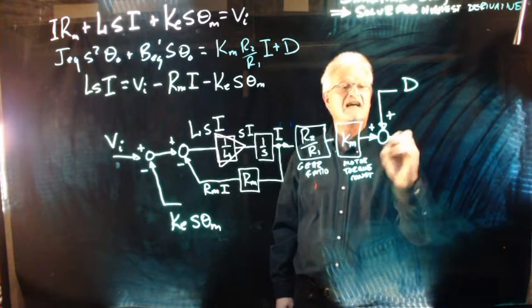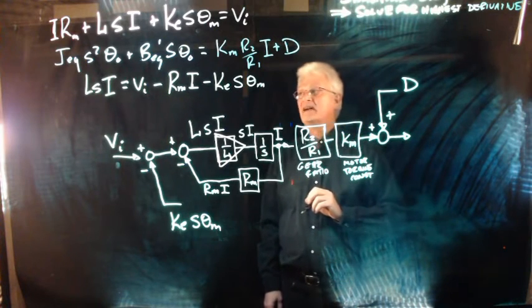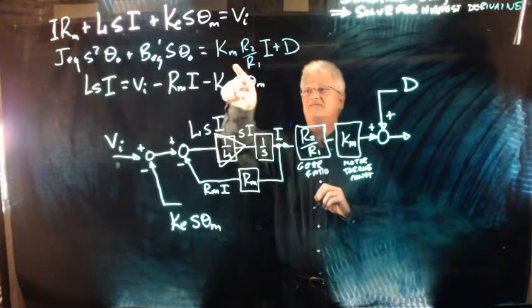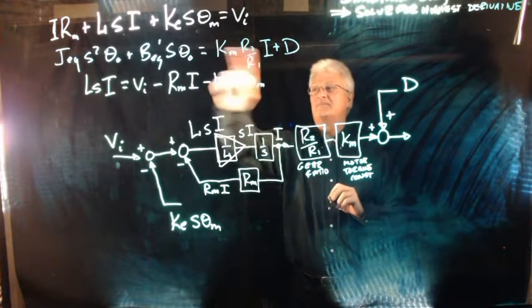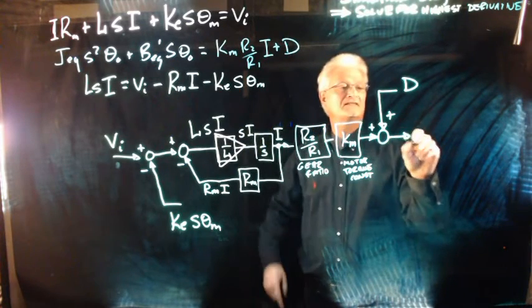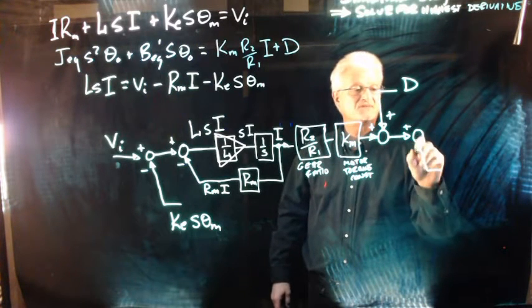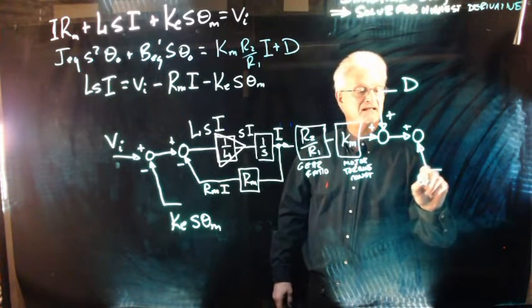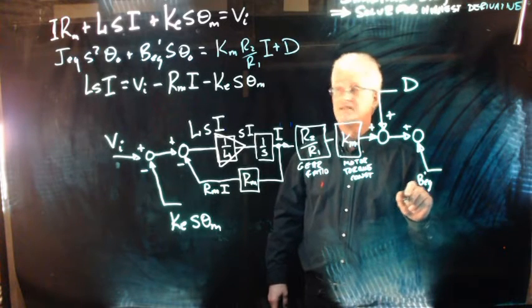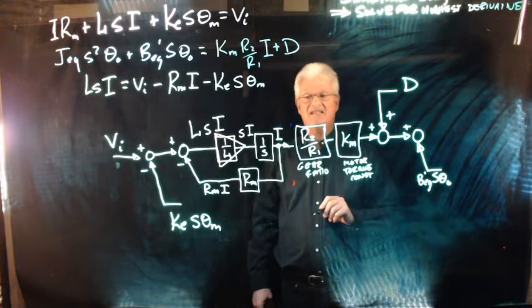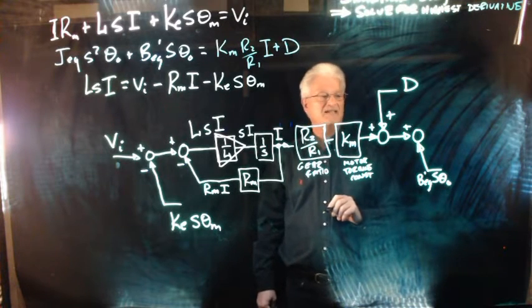Once I have my motive forces, again I'm going to solve for the highest order derivative. I've got the inputs, and I'm going to subtract off B equivalent prime times S theta out.